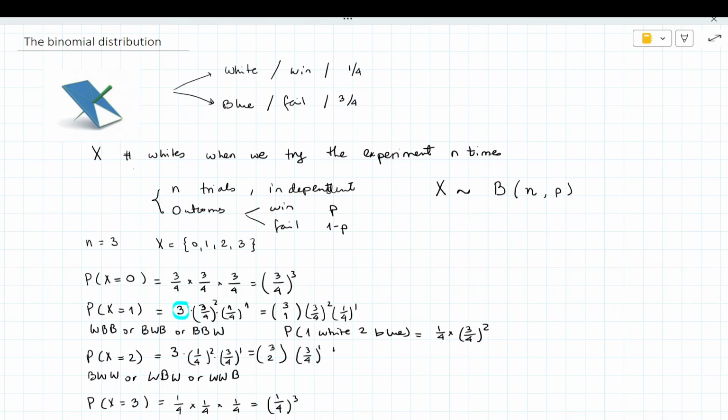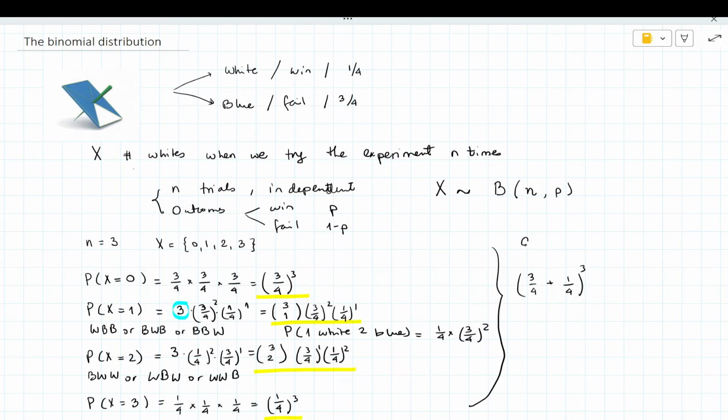Again, I'm going to write the 3 over 4 with the power first and then 1 over 4 afterwards, just for notation's sake, because what I want you to see over here is that the values that I have over here are the terms of the binomial expansion of 3 over 4 plus 1 over 4 to the power of 3.